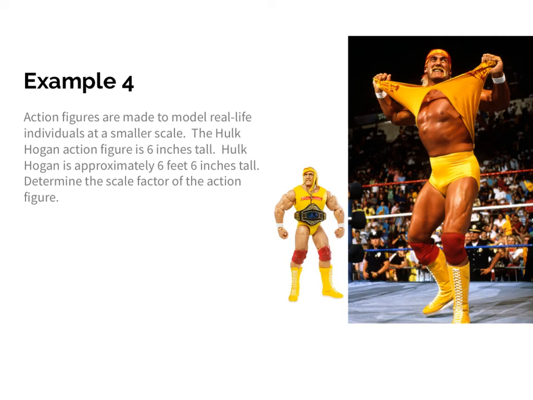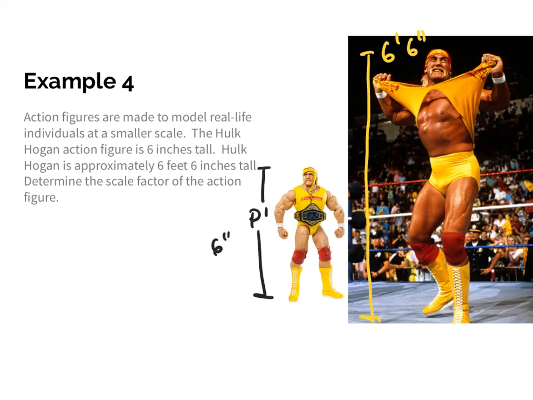Okay, so this goes back to, think about here, the shape of this action figure, I'll call this P prime, or the height, okay, is 6 inches tall. Whereas the real Hulk Hogan, standing from here all the way down, is 6 feet 6 inches tall.